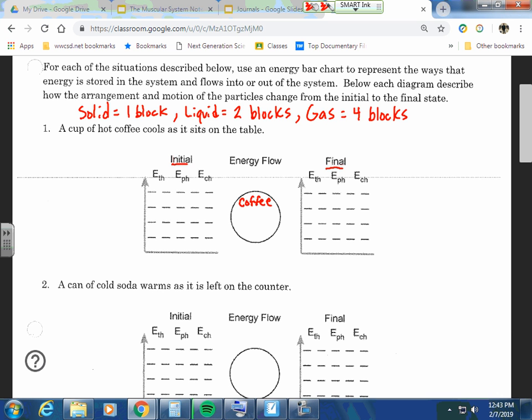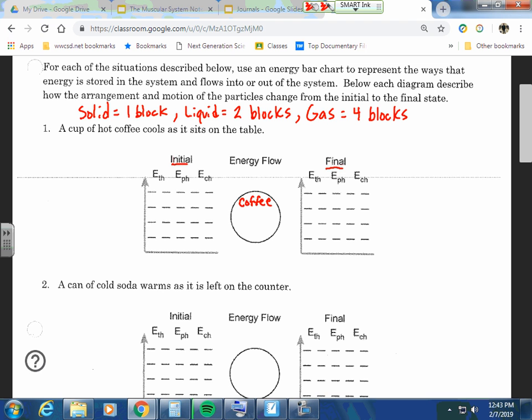Now, if we think about that, it makes sense because we do know that when things are in the solid phase, they have less energy because when we add energy to them, then they become liquids, right? And if we add energy to liquids, then they become gases, okay? We go to 4 blocks and skip 3 to show that gases have much more energy.